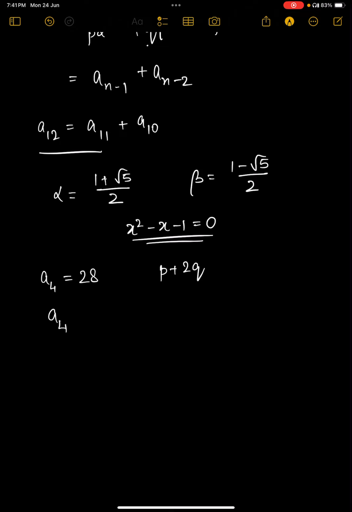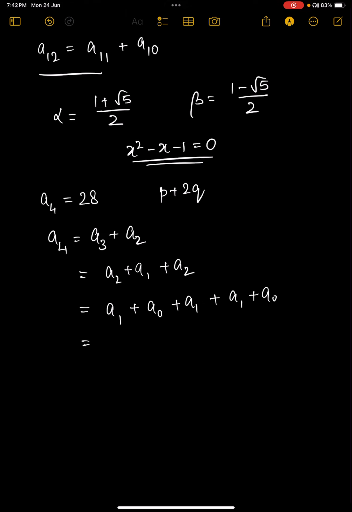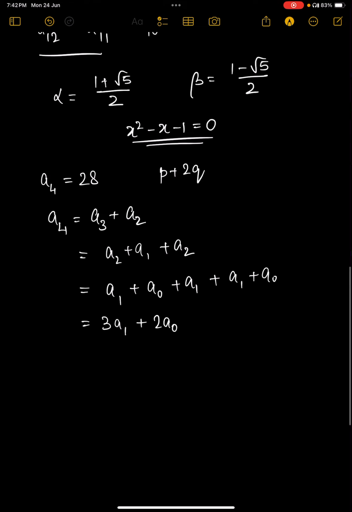Now a subscript 4 can be written as a3 plus a2. This a3 can again be written as a2 plus a1, plus a2. And now I'm going to write this a2 as a1 plus a0, plus a1 and this a2 again as a1 plus a0. So eventually what I have is 3a1 plus 2a0.